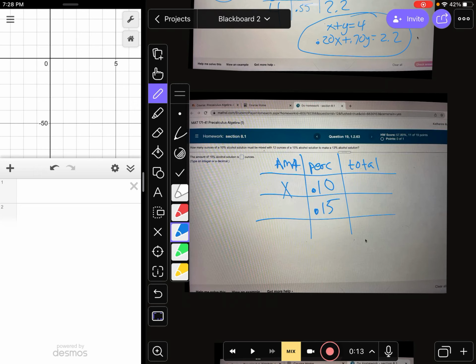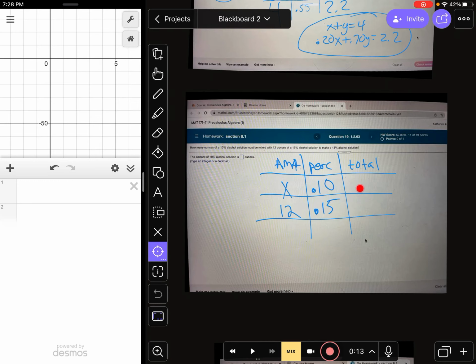Must be mixed with 12 ounces of 15% alcohol solution. So it gives me that. I have 12 ounces of the 15%. And I can multiply straight across. I have this amount of ounces of this solution at 10%. If I multiply these together, that's how much alcohol I have in that mixture. 10% of my total is going to be the amount of alcohol.